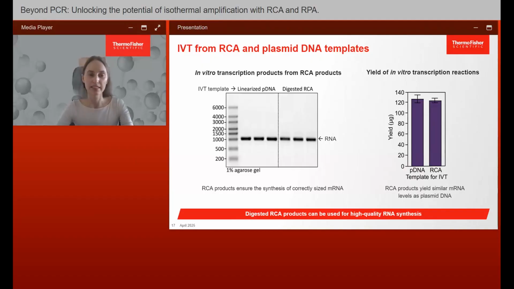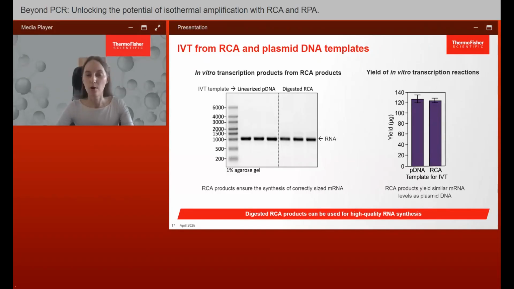In both cases, we see a single band of the same size, confirming that RCA products support the synthesis of correctly sized messenger RNAs. The transcription yields were also comparable, reaching about 120 micrograms. This shows that RCA can be used to efficiently generate templates for IVT reactions.